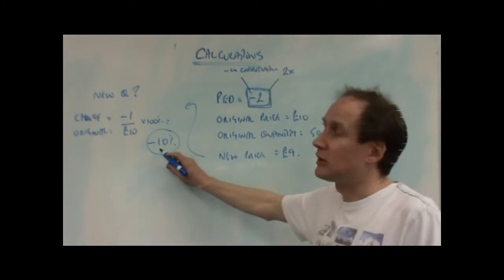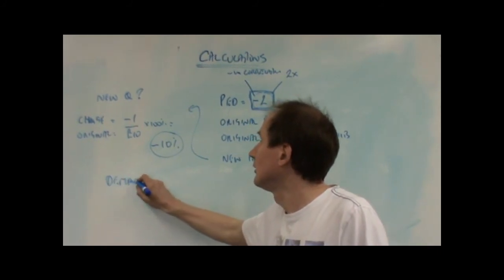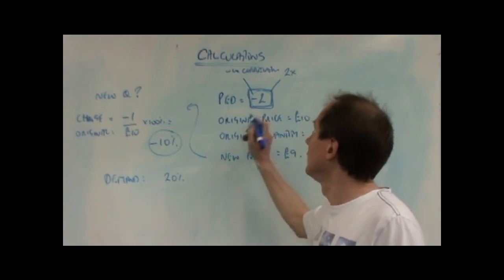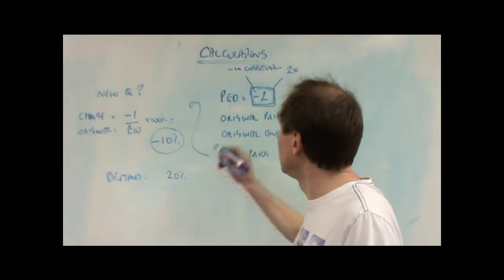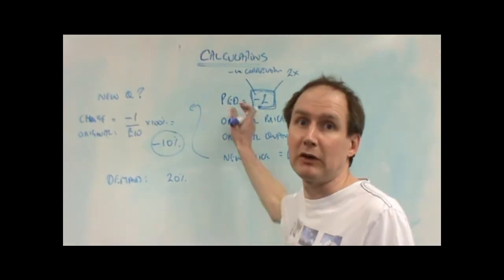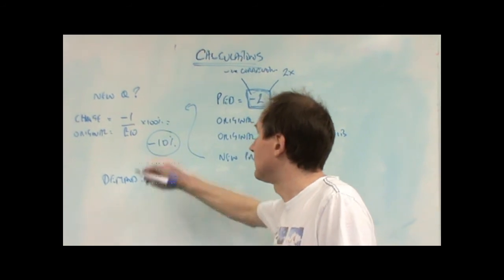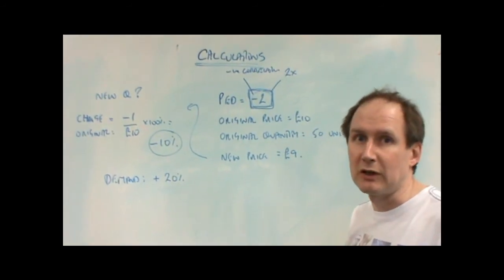So what that means is if price has gone down by 10%, demand is going to change by 20% in the opposite direction. A fall in price leads to an increase in demand. Mathematically, minus times minus gives a plus, but all we need to say is it means the opposite direction. So demand has gone up by 20%.